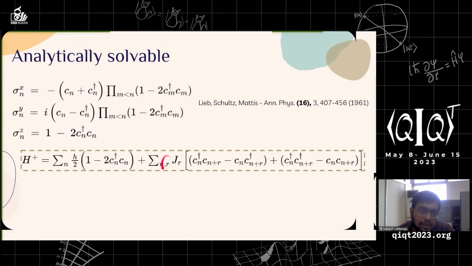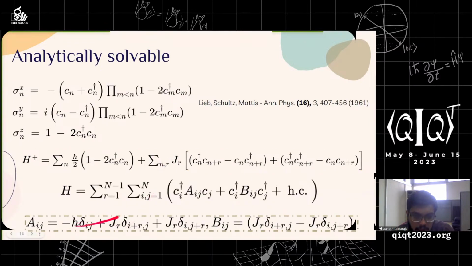In the first part of the talk, I'm not considering the periodic boundary. This is open boundary. Because there is open boundary, we cannot perform the Fourier transform and go to much smaller matrices.